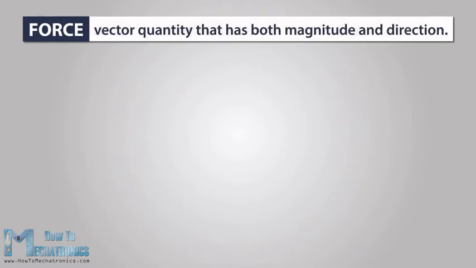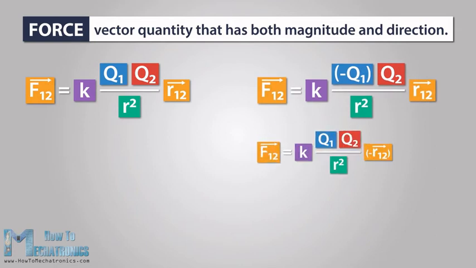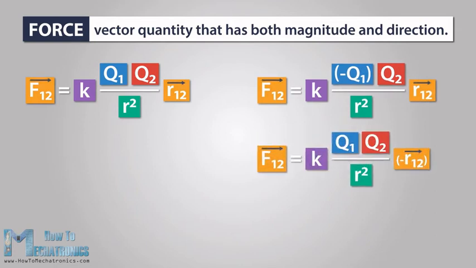Being a force, the strength of the electrical interaction is a vector quantity that has both magnitude and direction. This means that we can calculate the magnitude and the direction of the electric force based on the sign of the result. Let's modify the equation. The arrows in the equation represent a vector quantity.